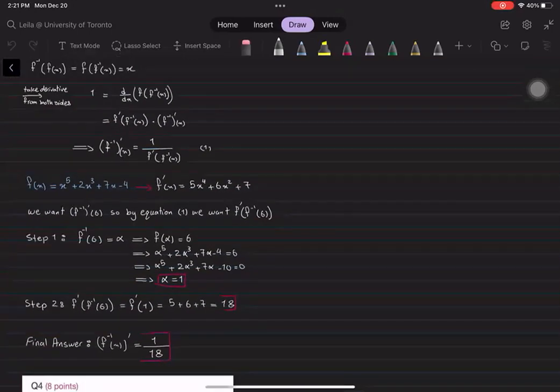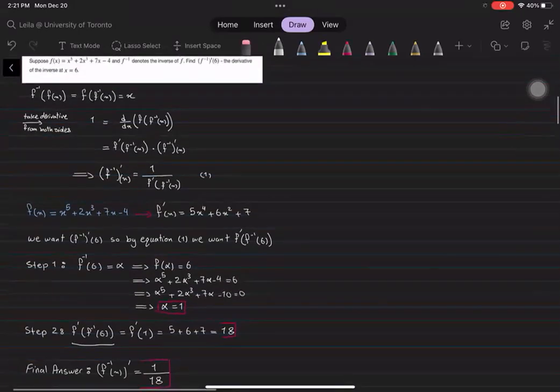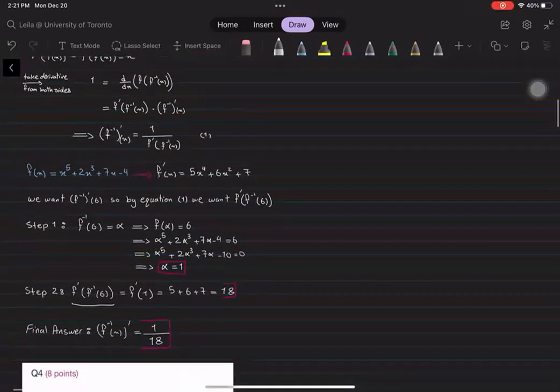Okay, so the question here: remember that from part 1, we found that the derivative of f inverse is equal to 1 over f prime of f inverse x. So here you want to find your f derivative and then put the inverse in it.